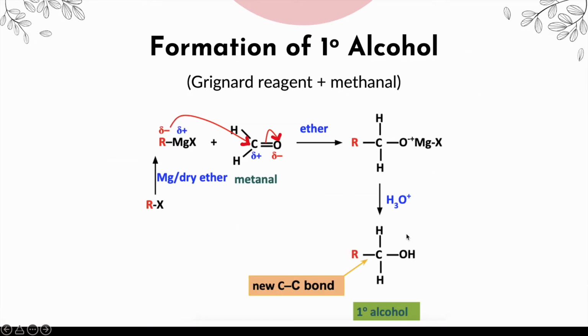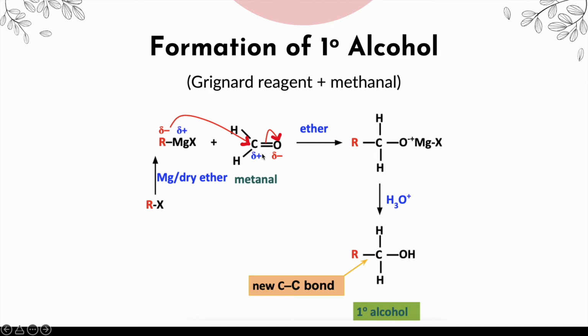Let's look at one by one. If we want to form the primary alcohol, initially, make the Grignard reagent first. RX, X is the halogen, reacts with magnesium in the presence of dry ether, and there you are, your Grignard reagent. So this Grignard reagent reacts with methanal.